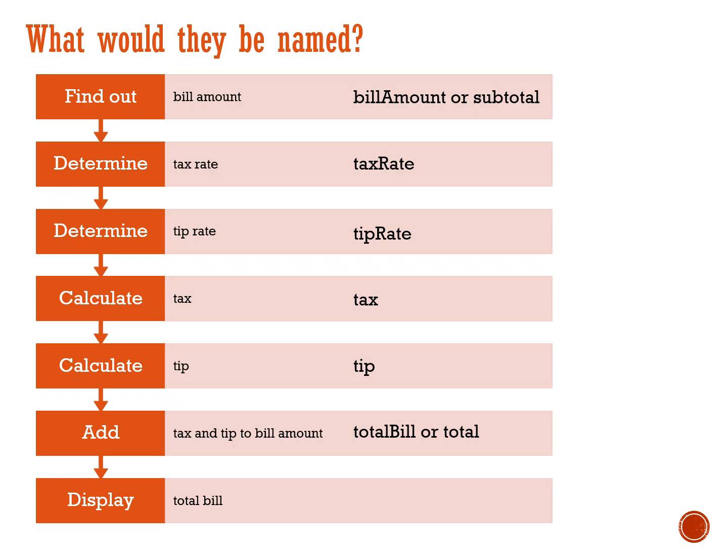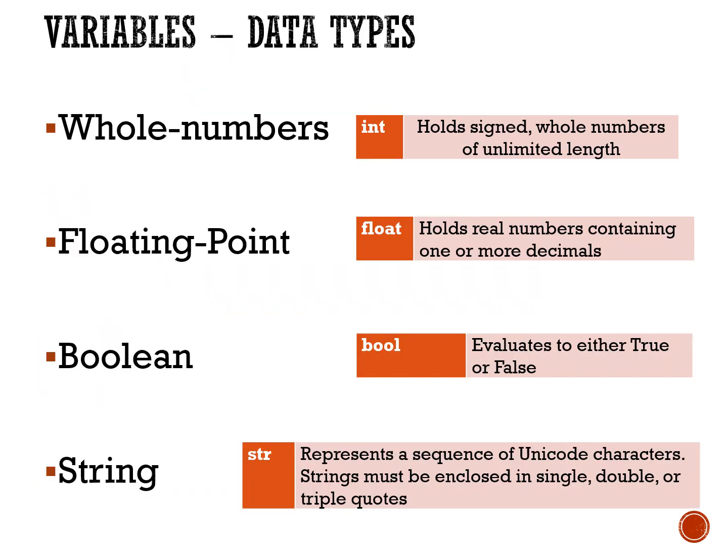Now, these variables we're going to see are going to contain values, right? And so each one of the different variables can have a different data type. So in Python, four of the data types that we're going to be learning about: one is a whole number, one is a floating point, the next one, Boolean, contains true or false, and then we have strings, which is alphanumeric text.